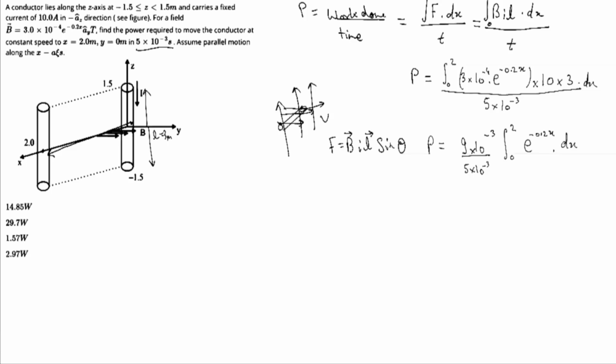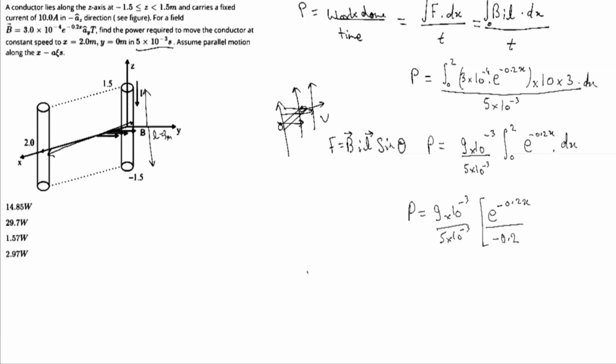So P is equal to 9 into 10 to the power minus 3 upon 5 into 10 to the power minus 3, and we get e to the power minus 0.2x divided by whatever the constant is there with x.